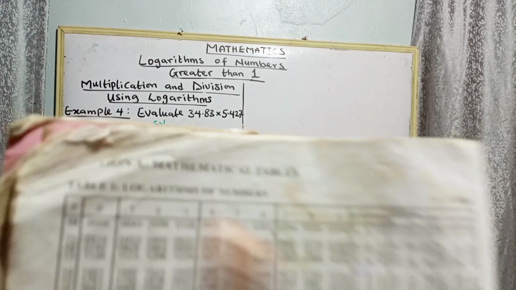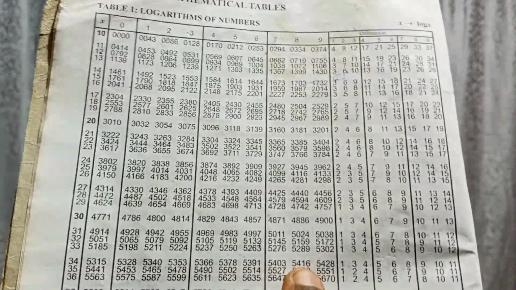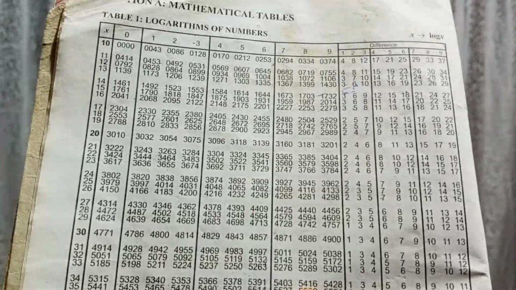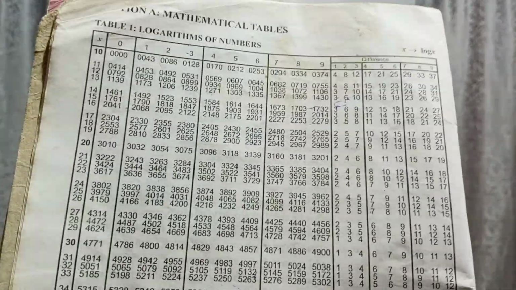When you trace this 34, this is my under 8 here. You can see 8 at the top of it. 34 under 8 is 5416. Difference 3.